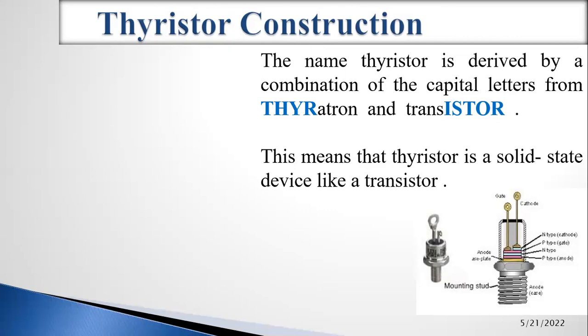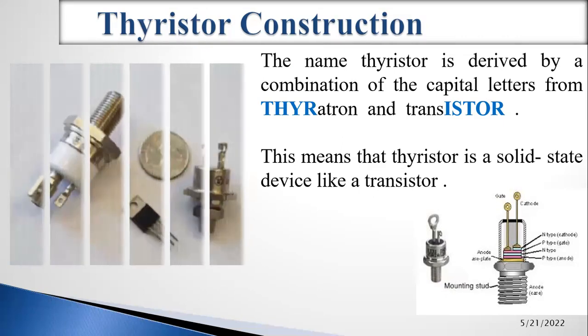Now we will discuss the construction of the thyristor, or the SCR. We start from the basics. The name thyristor is derived from a combination of two capital letters from thyratron and transistor. This means the thyristor is a solid state device like a transistor.